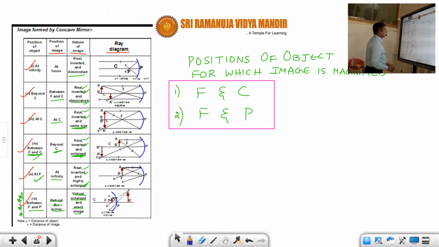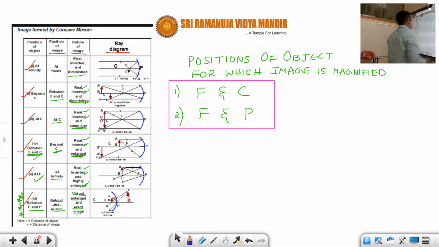This is the last class where I showed the entire 6 positions of the object in the form of a table, and I have written one very important point also. What is that point, students? For the concave mirror there are 2 positions of the object for which you will get a magnified image. What are the 2 positions? When the object is placed between focus and center of curvature, and second, when the object is placed between focus and pole. Okay, students. So this is a very, very important point.